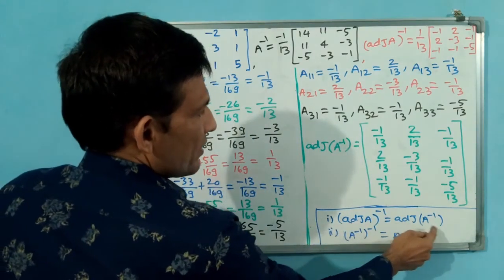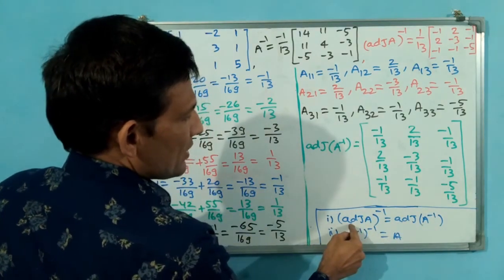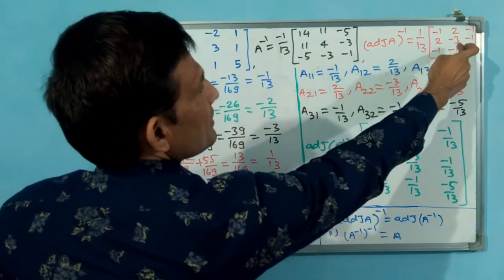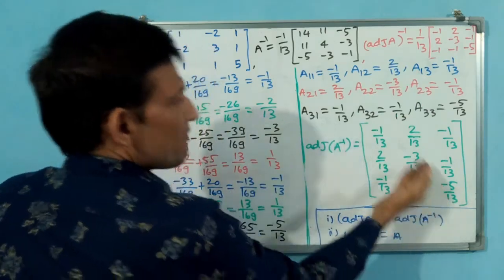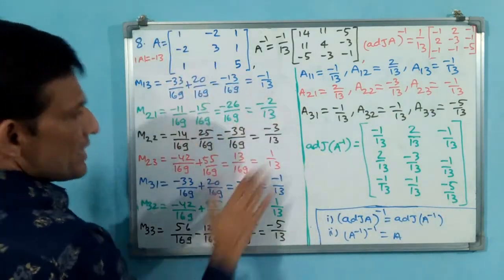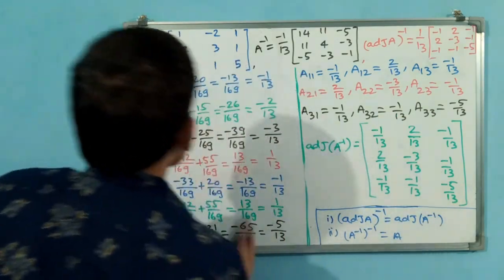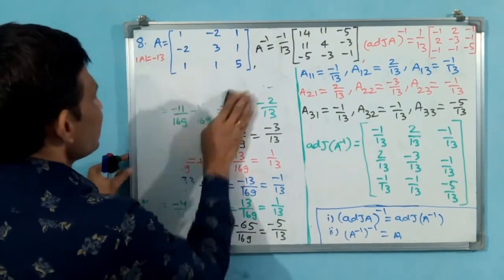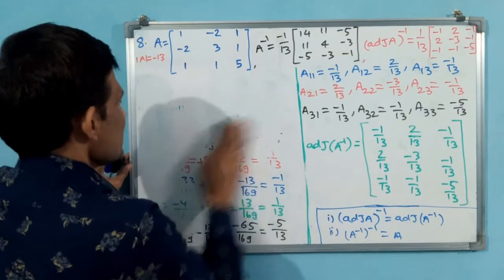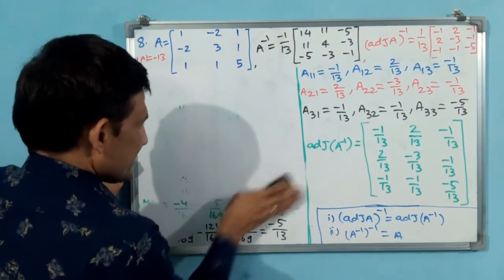Adjoint A inverse we have found, but this should become adjoint A whole inverse. Adjoint A whole inverse is this one. You see, here 1 by 13 is outside. We will take 1 by 13 outside. I am doing this calculation here. Now we don't require the minors and all. Why? Already we have written them there.